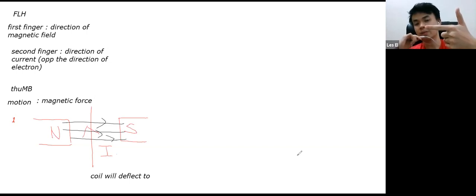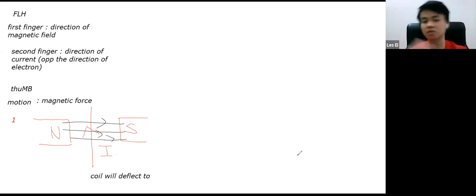So we are using the palm. Make sure the palm is going up because the current flows up. Your first finger is pointing right, and your palm is facing the ceiling. If you do it the right way, your thumb is pointing into your computer screen.